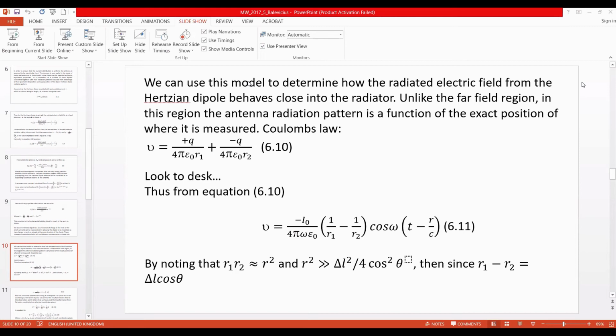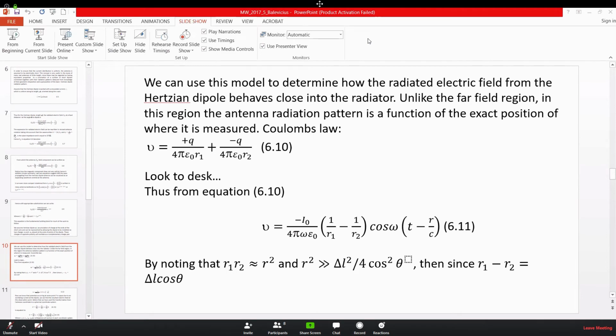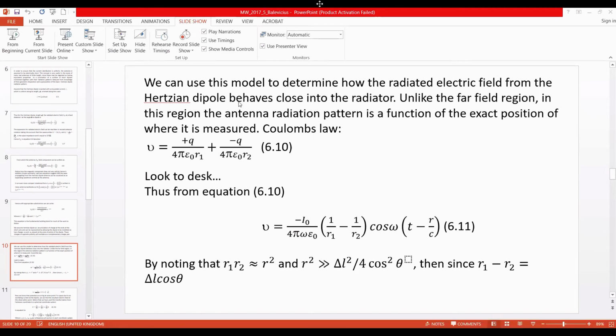In the far field region, the antenna radiation pattern is a function of the exact position where it is measured. According to Coulomb's law, we will have such an expression for the dipole. Now I will go back to our whiteboard.